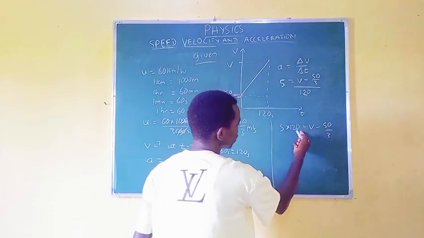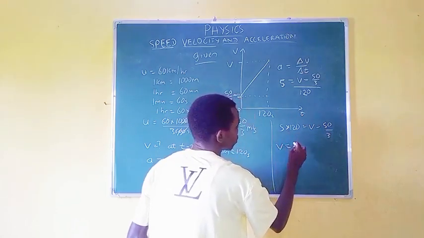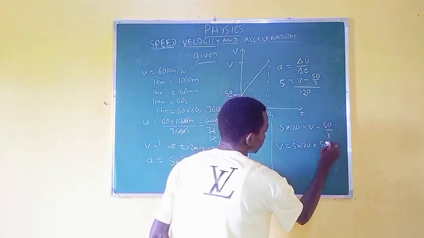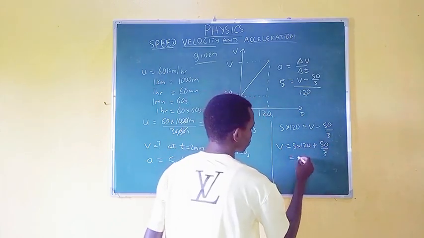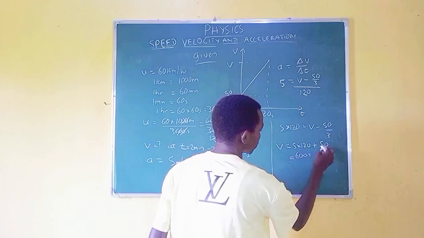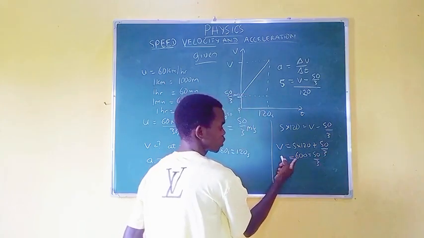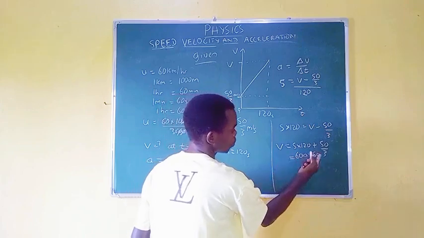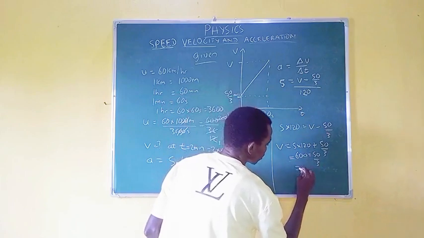We move this one to this side, it becomes v is equal to 5 times 120 plus 50 over 3, which is 600 plus 50 over 3. 3 times 600, we have 1,800 plus 50, we have 1,850 all over 3.